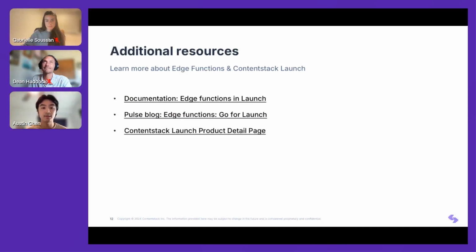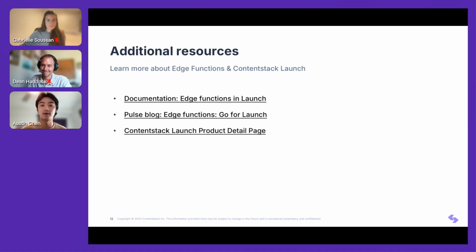Some additional resources I referenced earlier in the call: the documentation piece, there's a link I dropped in the chat that Gabby just walked us through. So if you wanted to take some additional time to review what that might look like, feel free to. We also have a recent blog as part of our Contentstack Pulse blog series talking about edge functions for Contentstack Launch. That one was written by our very own Dean, so go check it out.